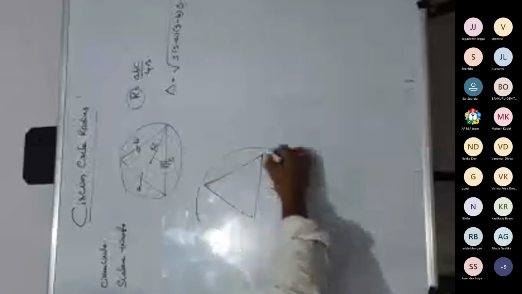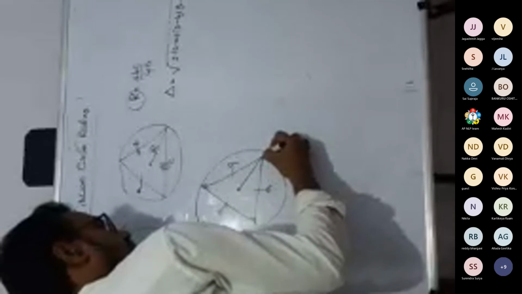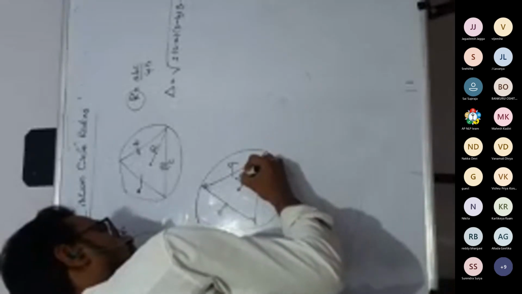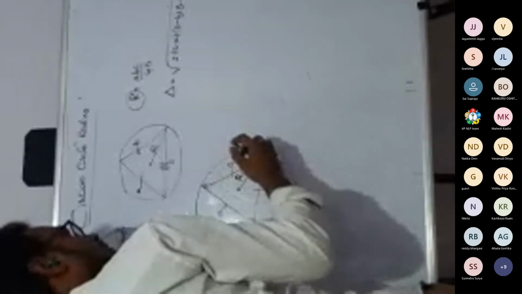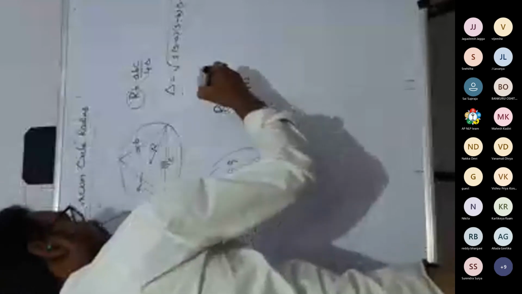Next one: for example, if you take an equilateral triangle, what happens? All the sides are equal here. From the center of the circle to a point on the circle, you call it the radius. For an equilateral triangle, big R is a by root 3.